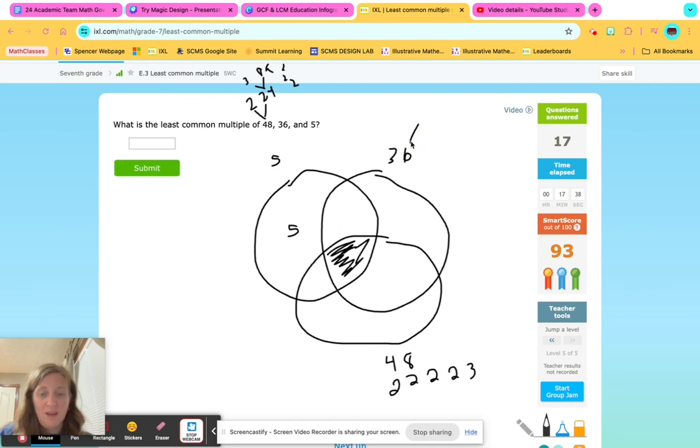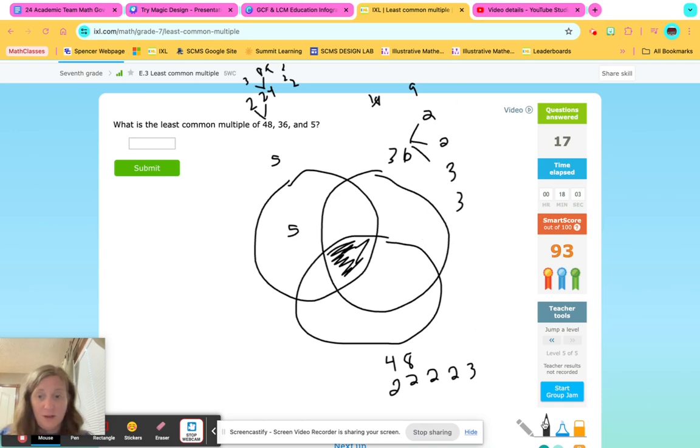Make my 36 down. 36 is 2 times 18. And my 18 breaks down into 2 times 9, right? And my 9 breaks down into 3 times 3. So for this one, I have 2 times 2 times 3 times 3. Now I have to figure out what they have in common, okay?